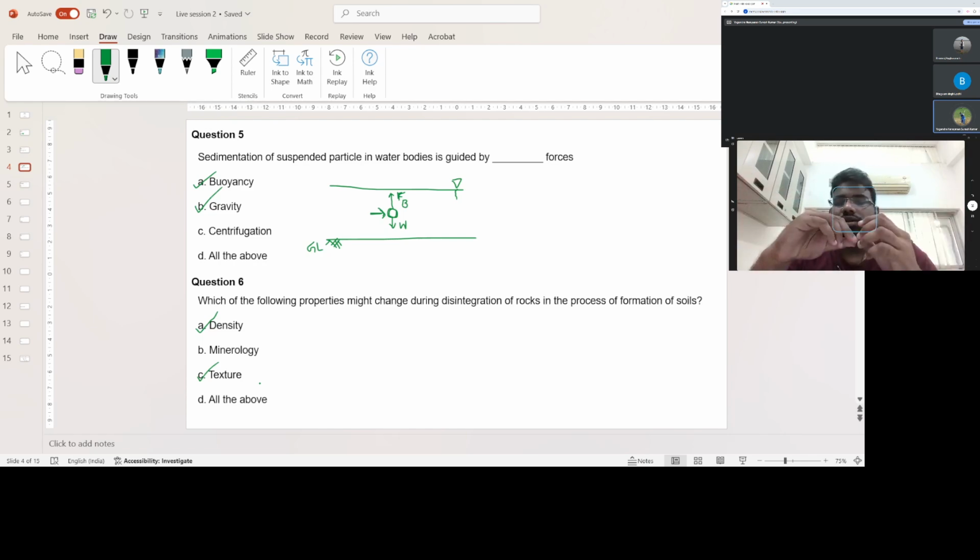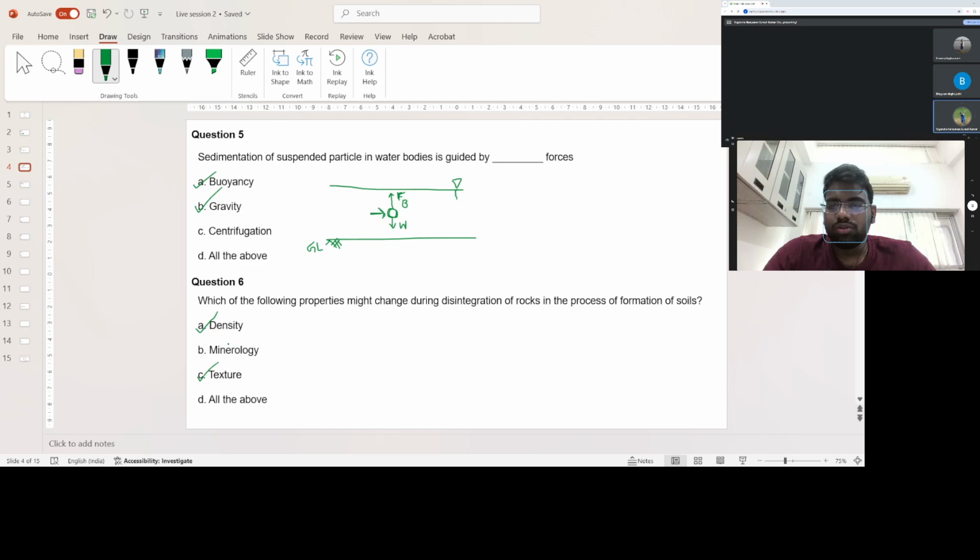As you rightly said, density changes. If you take aeolian deposits, they are very fine as far as their sizes are concerned.